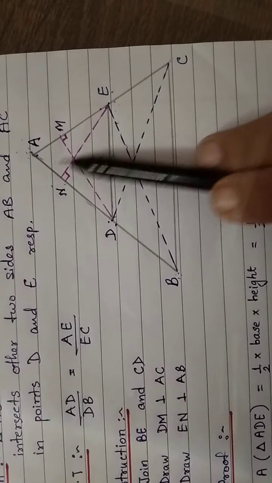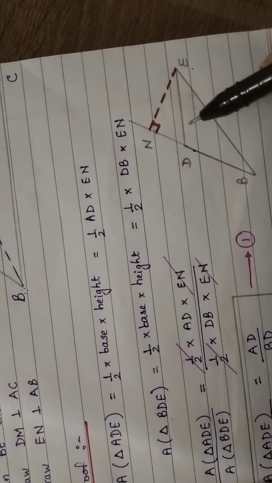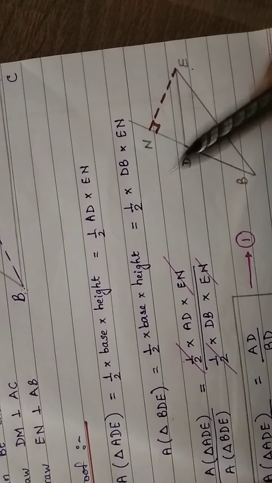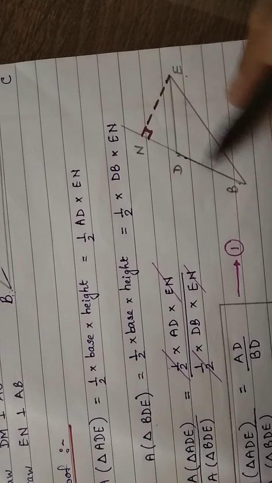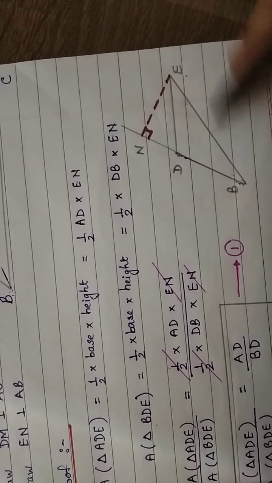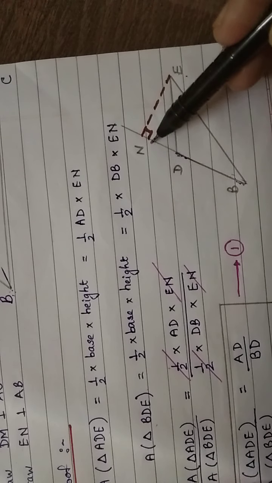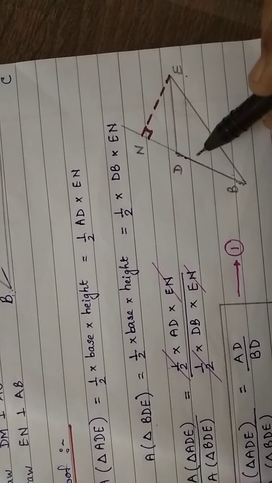And this EN, on which I had dropped a perpendicular outside, you know, an obtuse angle triangle will have its height outside. So if I consider BD as my base, then EN will be the height of the triangle.